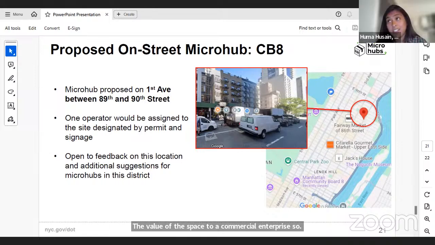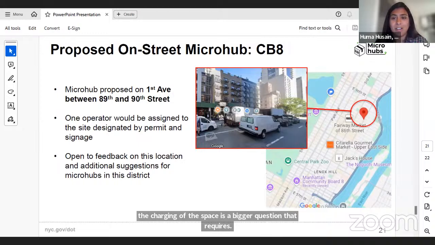It's a great question. We are unfortunately limited by city rules that we can only charge an administrative fee for these spaces. We've definitely maximized what we can do there versus what car share was able to do. We've just learned some things along the way. But the charging of the space is a much bigger question that requires a changing of rules beyond DOT.